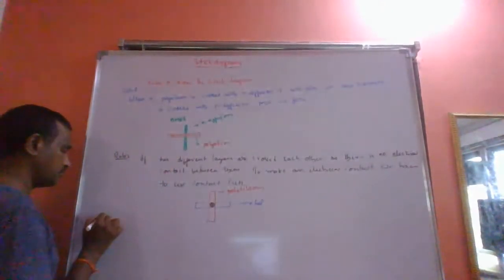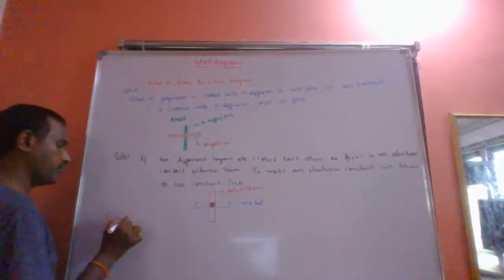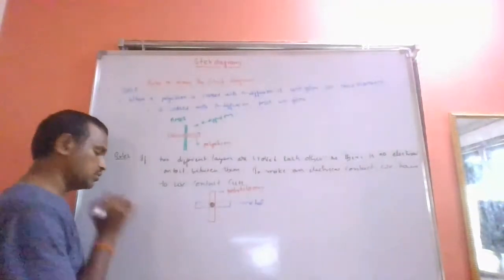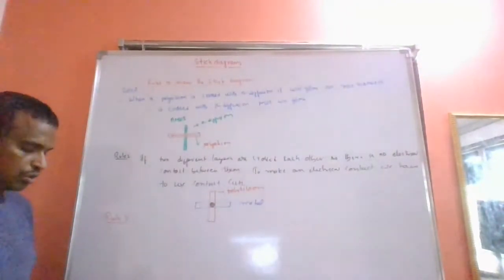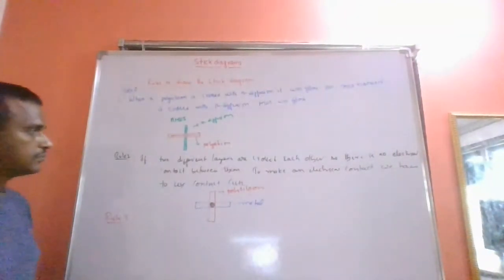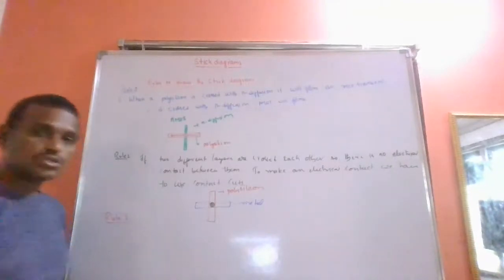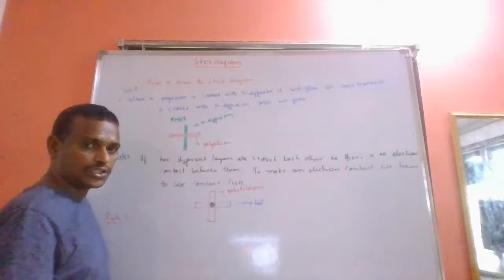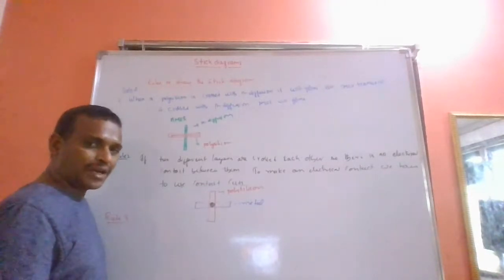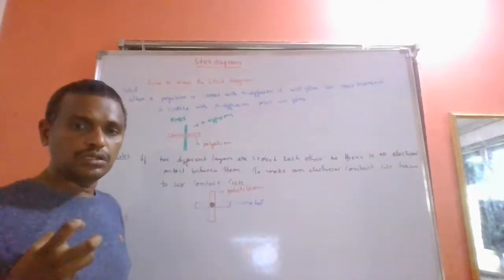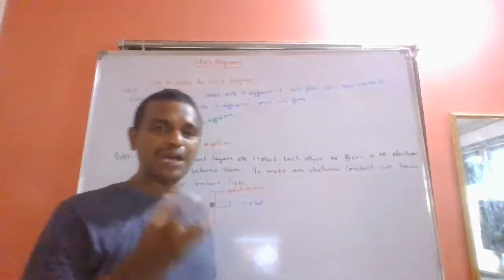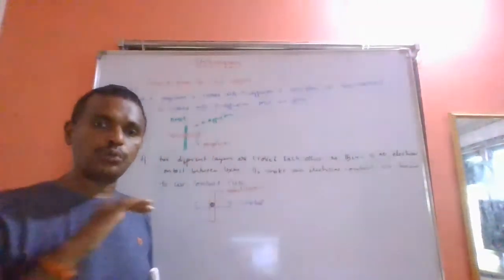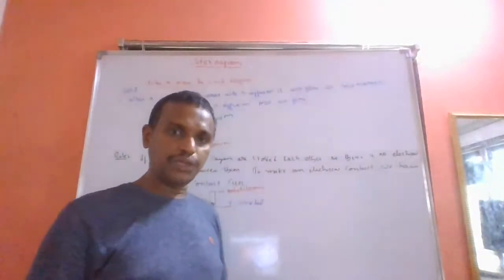So what is rule 3 here? In our CMOS technology, while drawing the PMOS and NMOS transistors, we have to place a demarcation line between them.